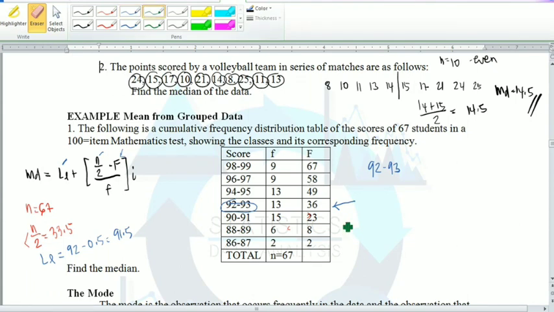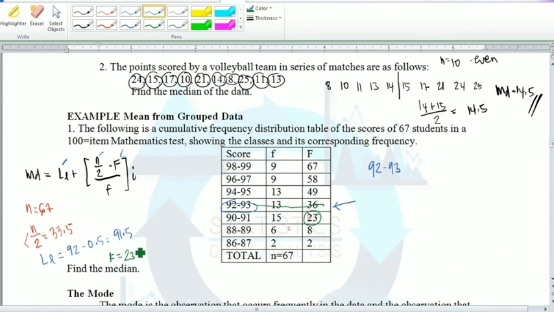Now, in this case, class, saan nga ulit yung middle class natin? Ito. Okay, ito siya. So, ano daw yung less than cumulative frequency below that? So, in this case, ito, which is 23. So, ito yung gagamitin natin as our less than cumulative frequency. Again, class, yung gagamitin is yung nasa baba or yung below or yung lower than of your middle class. Kasi ito yung middle class natin, andito na locate yung 33.5 natin, which is the half of your total frequency or your N. Okay, so 23 siya.